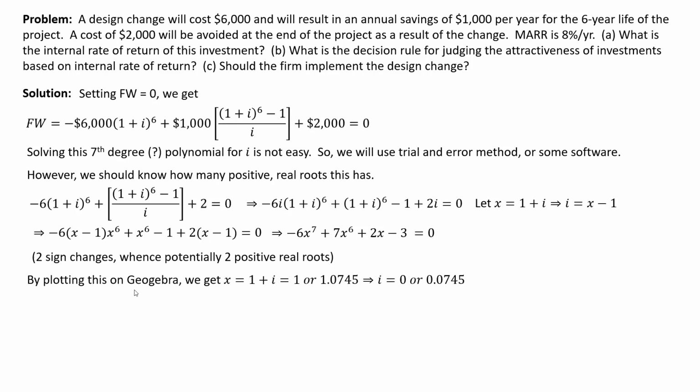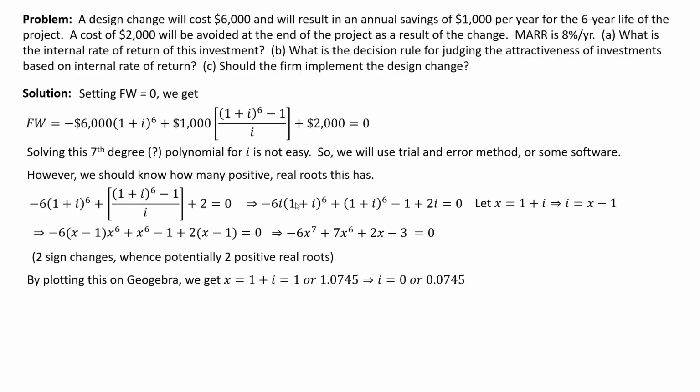Don't just look for only one value. When I plotted this on GeoGebra, I got x, which is 1 plus i, to be 1 or 1.0745. So there were, in fact, two positive real roots of this polynomial, 1 and 1.0745. That's for x. So what is i? i equals 0 or 0.0745. Aha, so i equals 0 turned out to be one of the values that actually satisfies this equation.